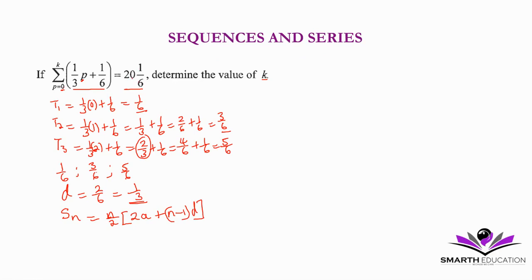We have to change this from a mixed number to an improper fraction. 6 times 20 is 120, 120 plus 1 is 121. 121 over 6 is equal to n over 2 times (2 times our a, which is 1 over 6, plus (n minus 1)), and our common difference is 1 over 3.